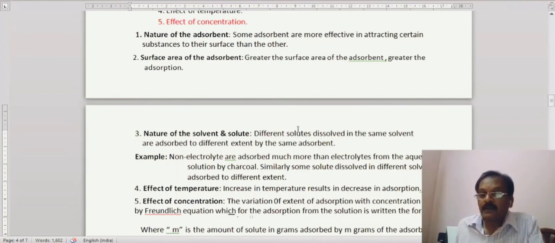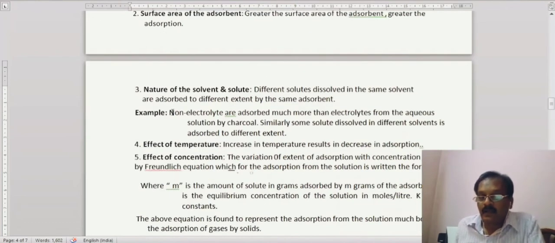Some molecules adsorb less and some adsorb more. Non-electrolytes are adsorbed much more than electrolytes from the aqueous solution by charcoal.